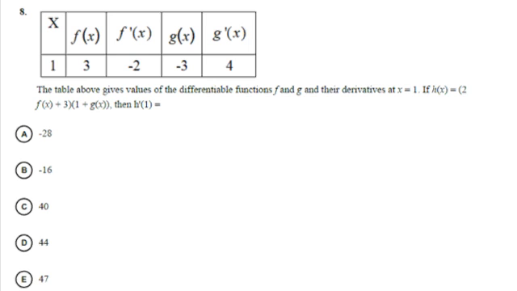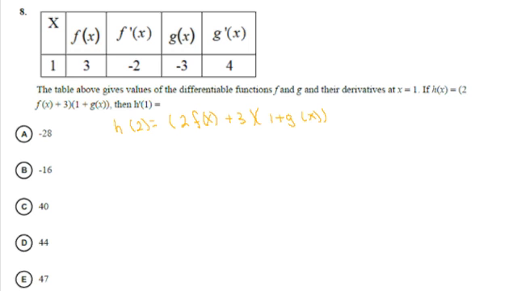All right, now let's decipher what we've got going on here. We've got values of the differentiable functions f and g, and we also have their derivatives. And I wish this could have all fit on one line. So we've got h of x is equal to 2f of x plus 3 times 1 plus g of x.